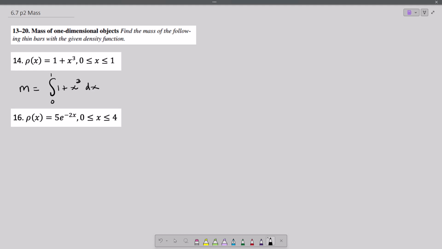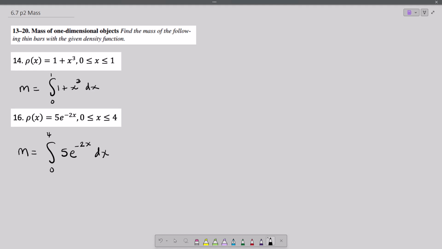Not too hard. With these examples, we're just understanding the real basics, that the basic concept is if you integrate density, you are going to get mass when you have variable density. That's what the masses will be. We're just going to integrate and we'll get the mass.